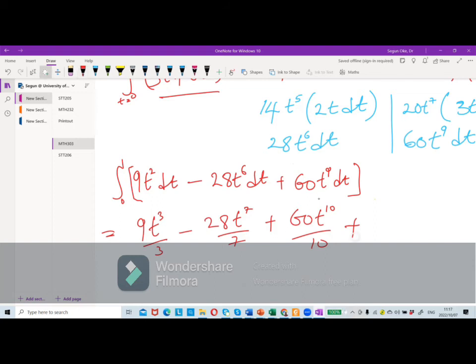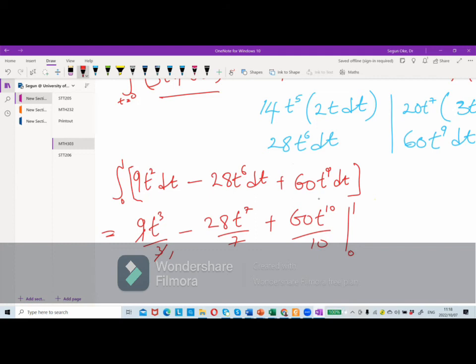Plus C. We don't need C now. Remember I told you, anytime you have a definite integral, you don't need C because you have the upper bound and lower bound to substitute already. Automatically it will cancel because the upper bound and lower bound negatively affect the other side.